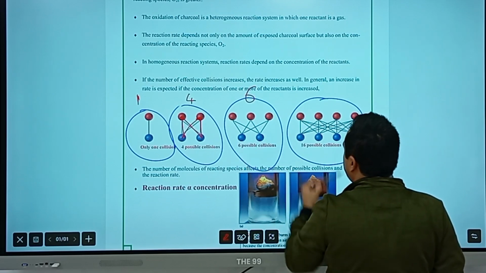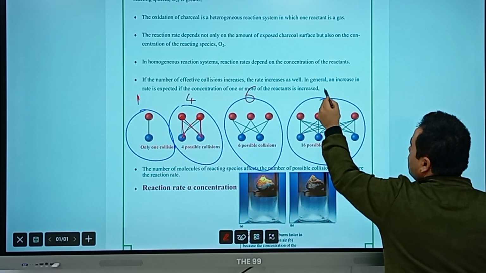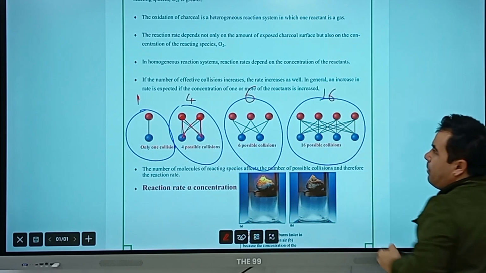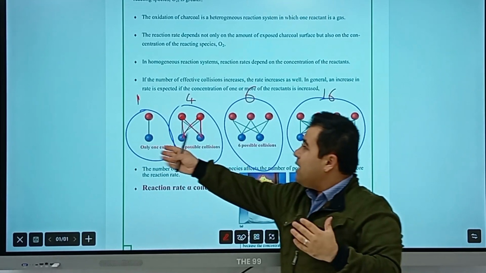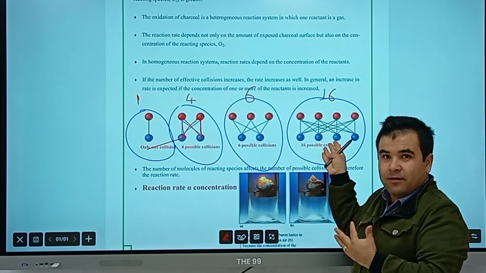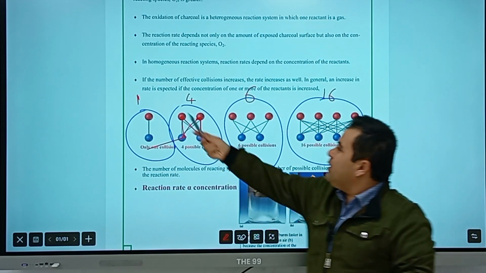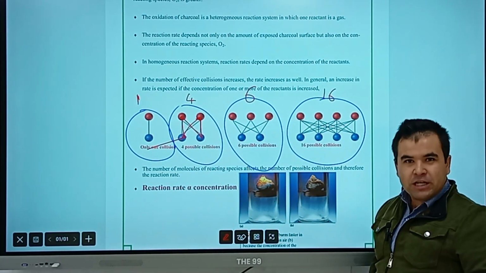This 3, the other one 3. But if we increase to 8, there will be 16 possible collisions. Guys, as the concentration of the chemicals increases, what happens to the collision frequency or collision efficiency as well?